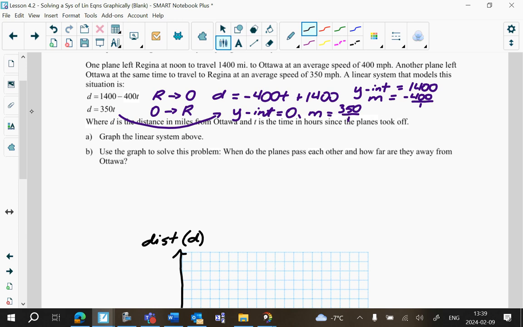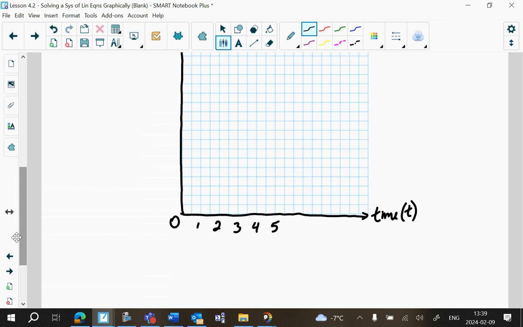So my vertical scale has to go up to 1,400. How much should I go up by to make sure I get to 1,400? 200 or 500? Yeah, so we could go up by 100s, couldn't we?